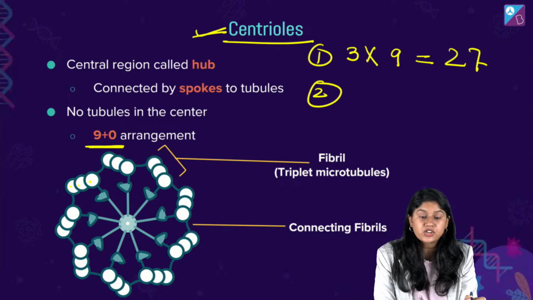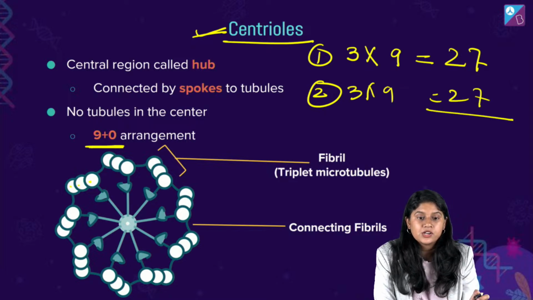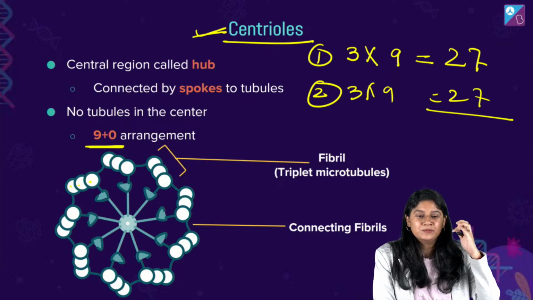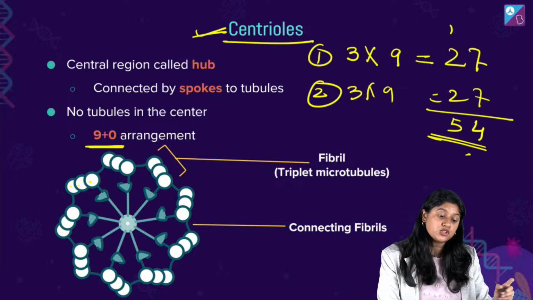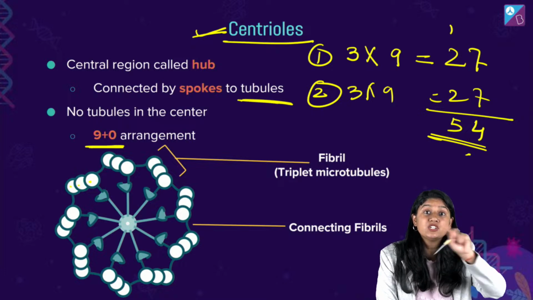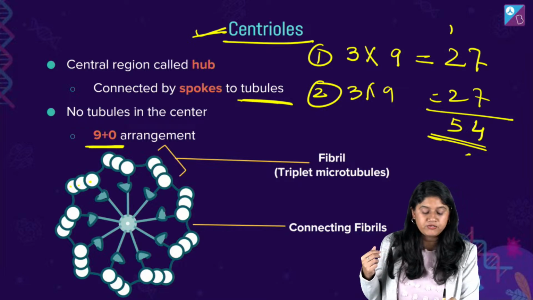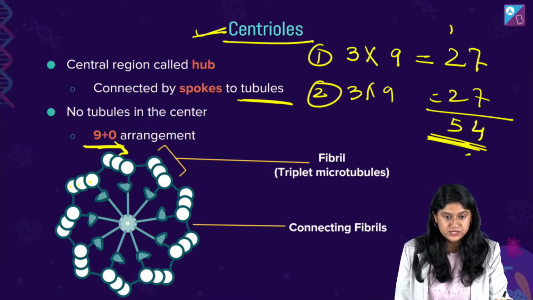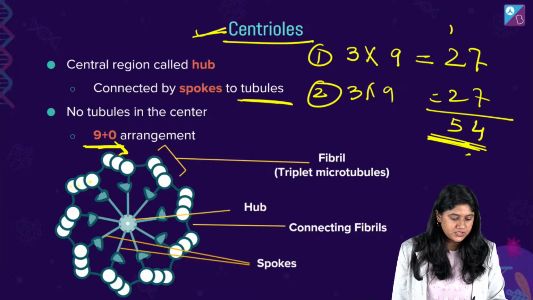What about the other centriole? It will have the same thing. 27 plus 27, कितना होगा? Yes? 54. So the total number of the tubules that are present in a centrosome, because it has 2 centriole, the number is 54 का arrangement, because center में, hub में we don't have any tubules. Very good. चलिए. This is the hub, this is the spokes.